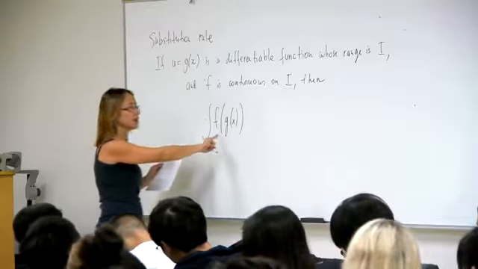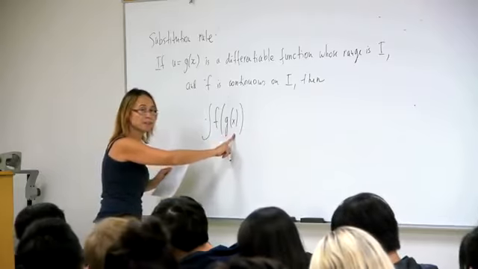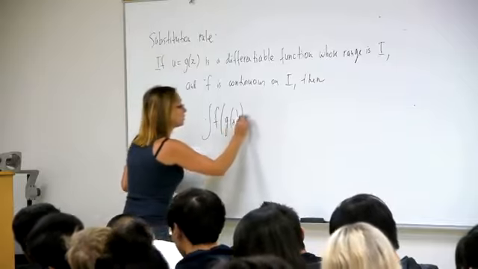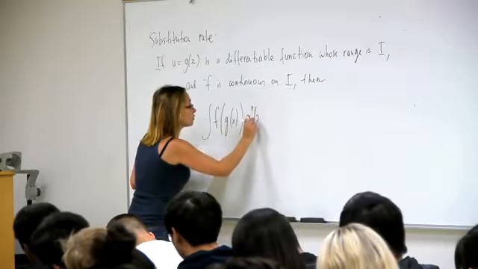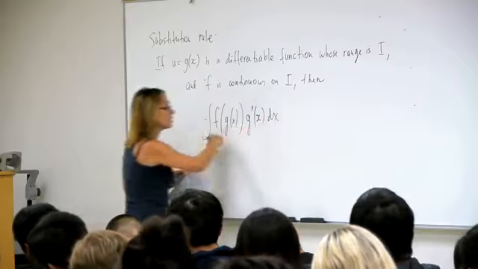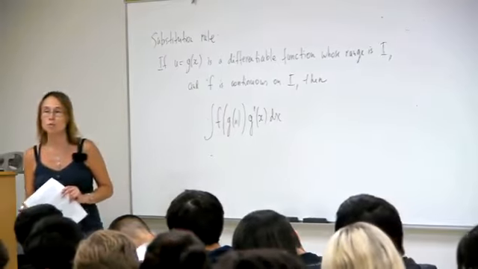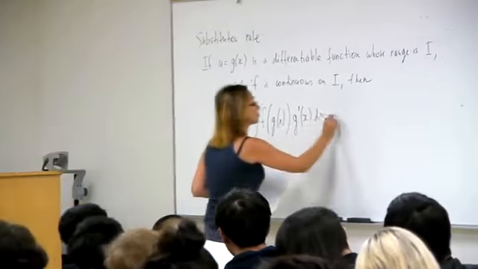What I see here under the integral is f of g of x, the composite function, times the first derivative of g, dx. If my given integral has this form, then I can simplify it.